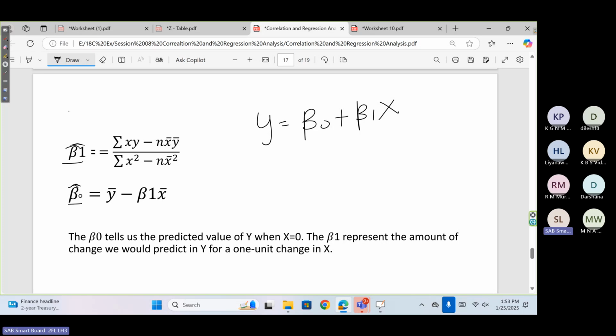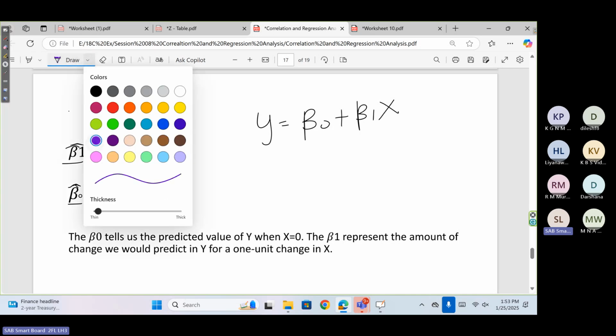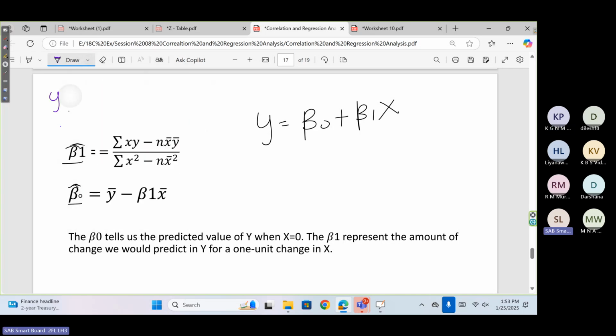Normally, in mathematics, when we draw a straight line, what equation do we use? y equals mx plus c. We use this to draw a straight line on a graph. The same formula applies here.